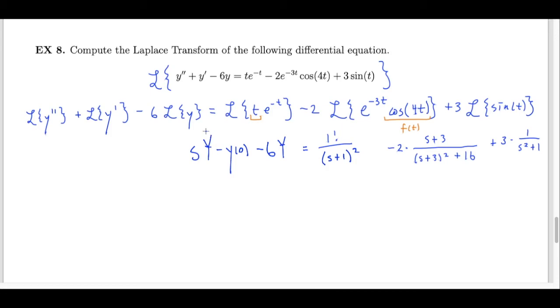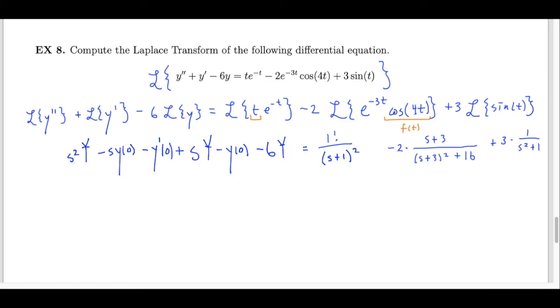Again, I don't know what capital Y is, but I know that it's the transform of this unknown function, little y. And so when I take the transform of y prime, I get s times that transform minus little y of 0. And then we also have a theorem for the second derivative. Let me plug that theorem's result in. So I think when all is said and done, this is the transform of the original differential equation.